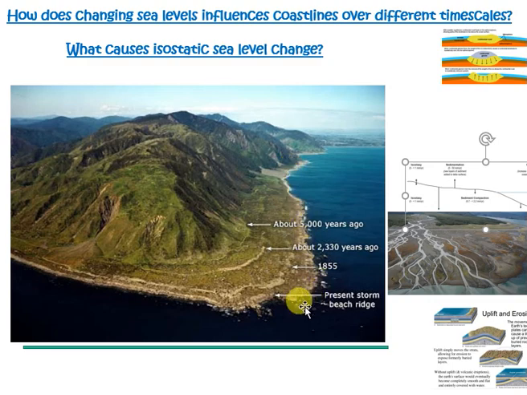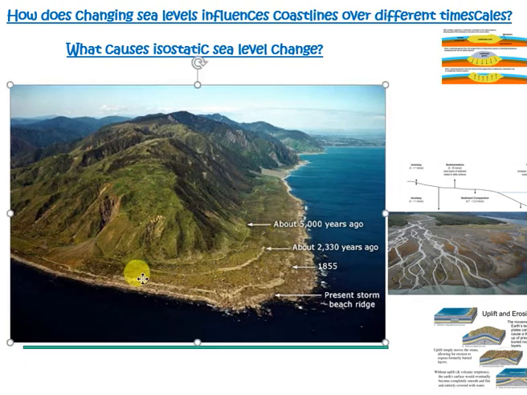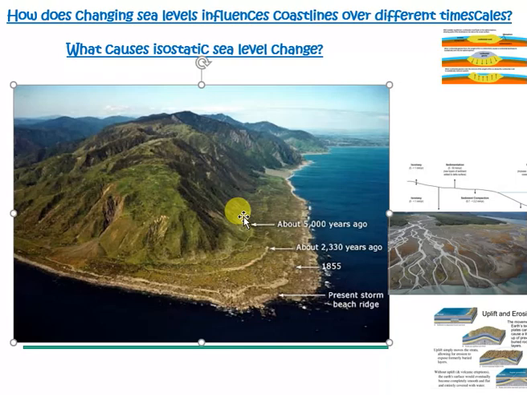But if you went back to 1855, this would be the sea level. 2,300 years ago, when Jesus was a small boy, your sea level would be much higher. So this land is emerging isostatically upwards. It's rising. We're gaining more land.